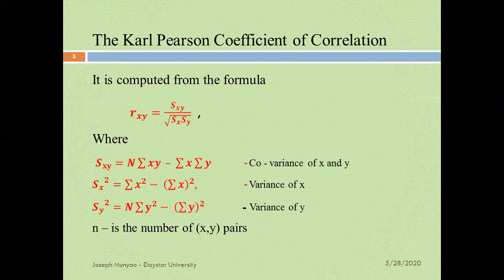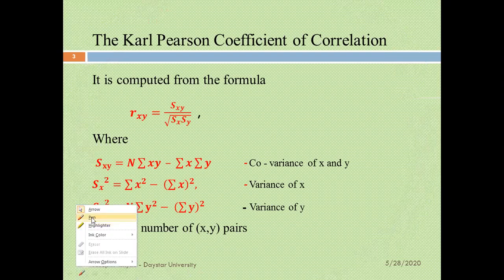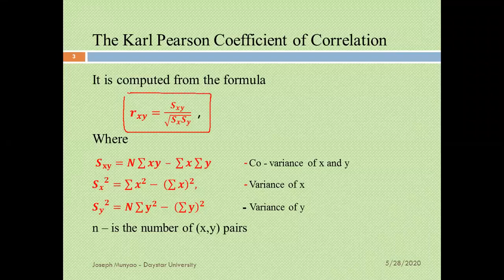Now, the Karl Pearson correlation coefficient is computed from this formula that we have given here. We have simplified it this way. But the top here is expressed this way.